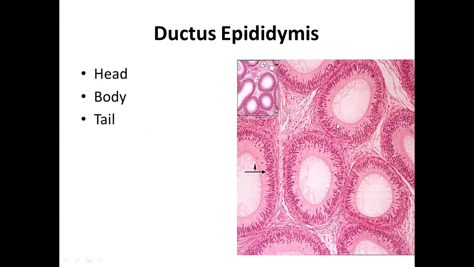I am repeating, the ductus epididymis, which is the duct of the epididymis, is lined by pseudostratified columnar stereociliated epithelium, in which there are 2 types of cells. The principal cells, which are stereociliated and taller, and the basal cells, which are toward the base and don't reach the luminal side. They act as stem cells for the remaining cells.